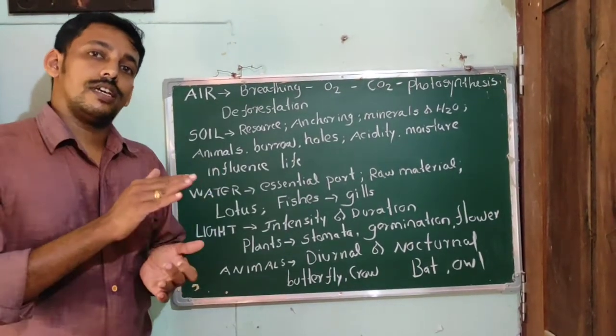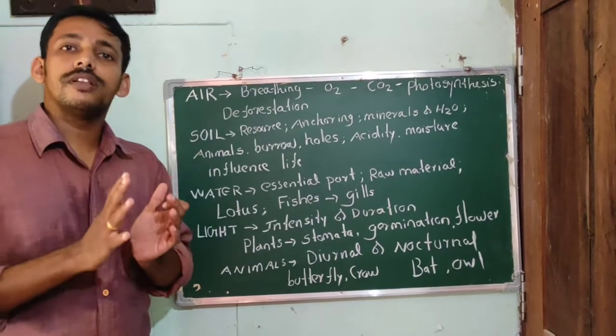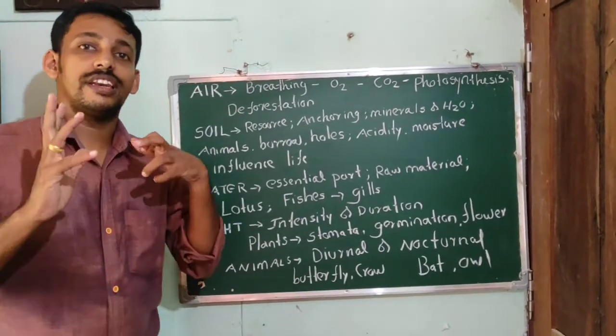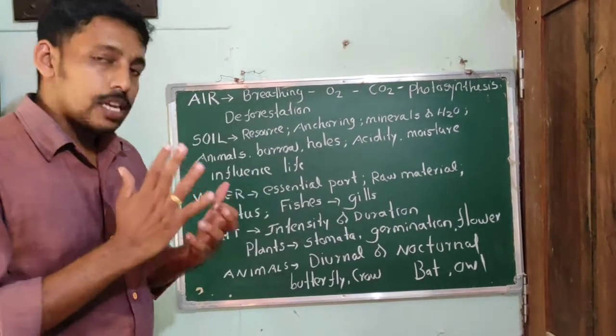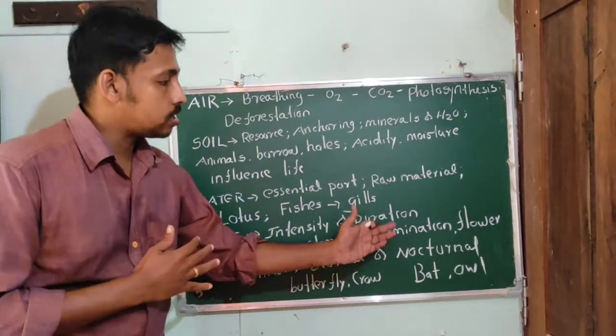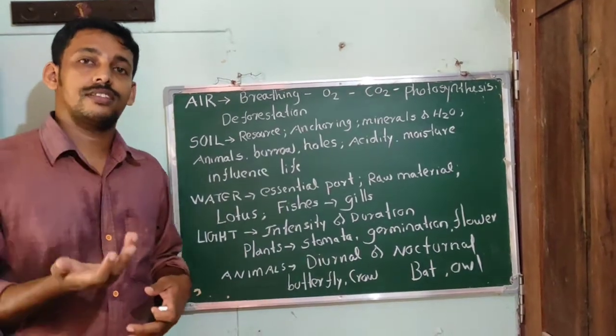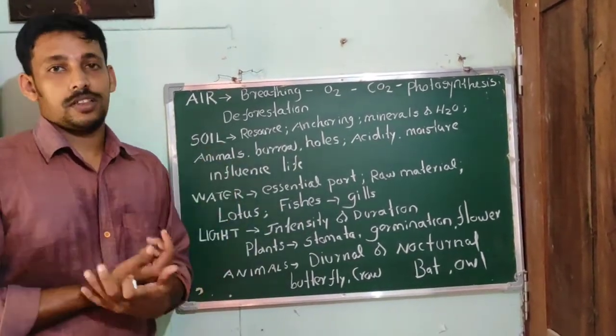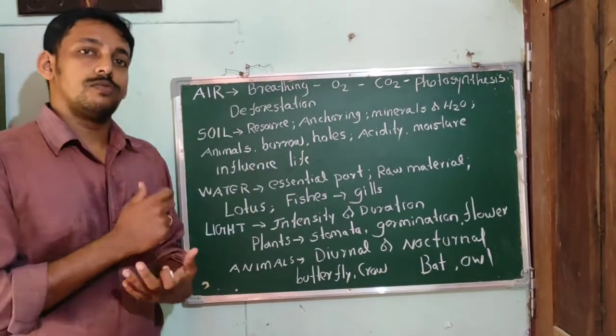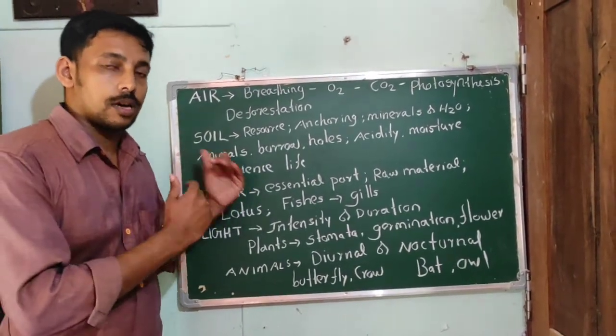Just the opposite, some animals are more active during the night time, during the dark time. That type of animals is known as the nocturnal animals. For example, bats, cockroach and owl are all nocturnal animals.